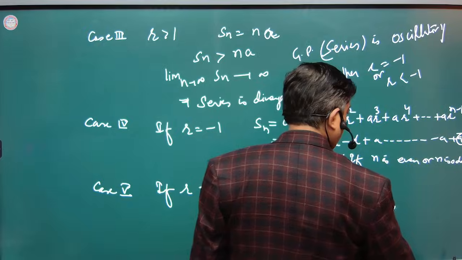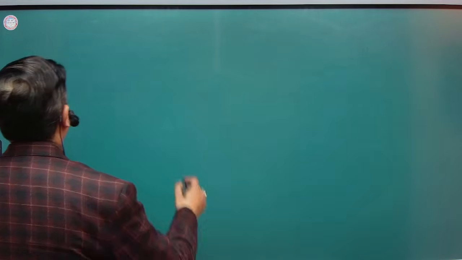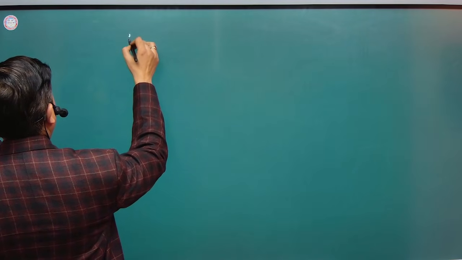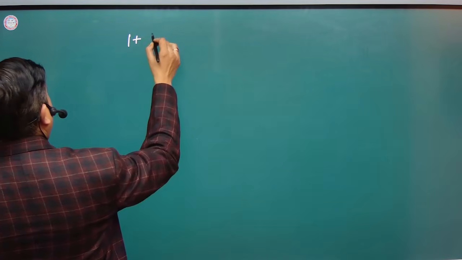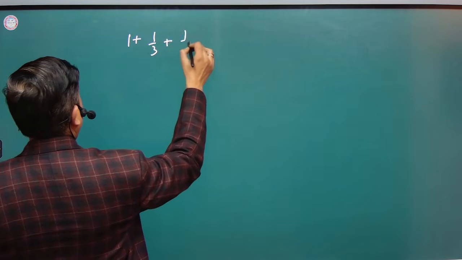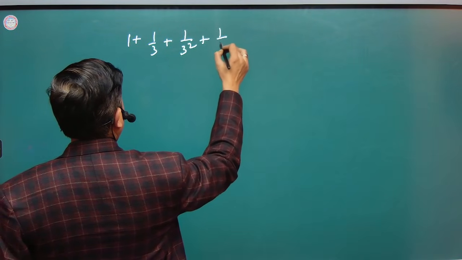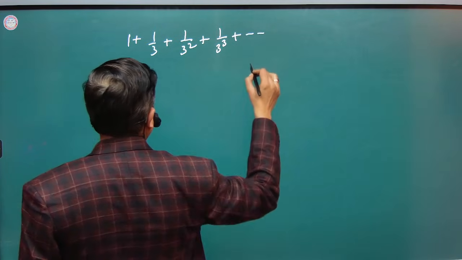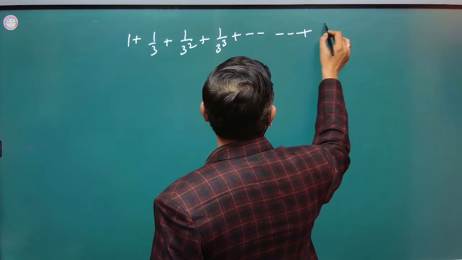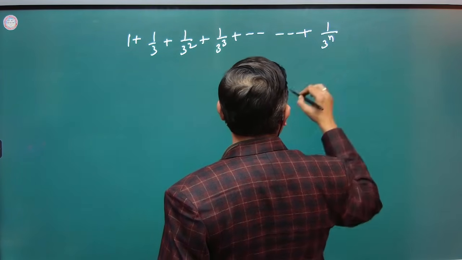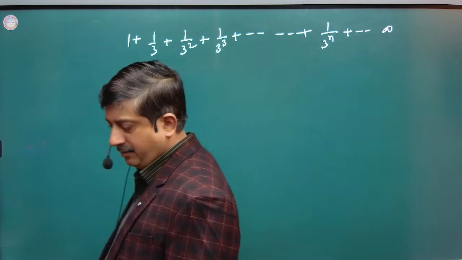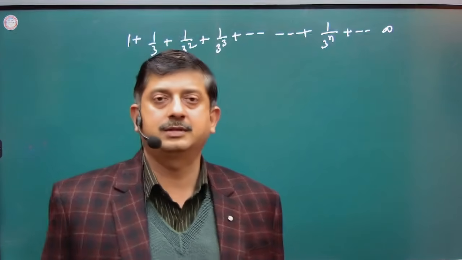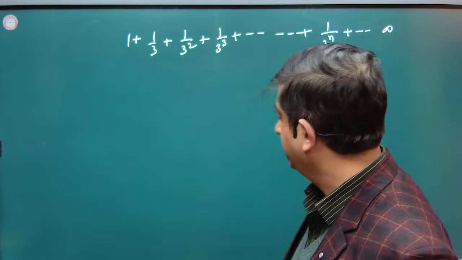Now I will check through an example. So consider a geometric series, say, any example: 1 by 3 plus 1 upon 3 square plus 1 upon 3 cube plus so on, plus 1 upon 3 to the power n plus so on up to infinity. And I want to check the convergence or divergence of this series.